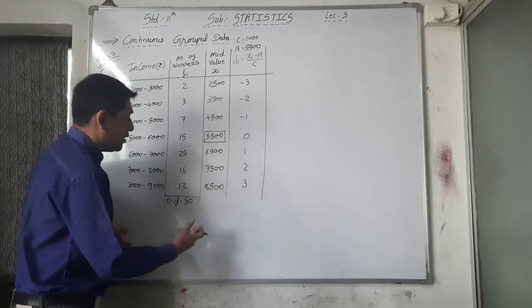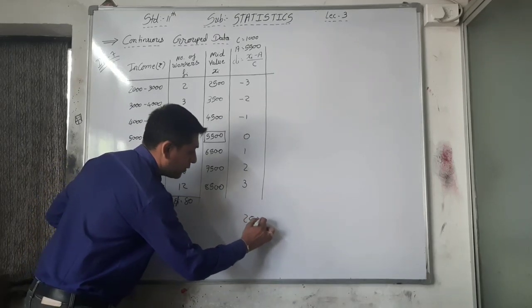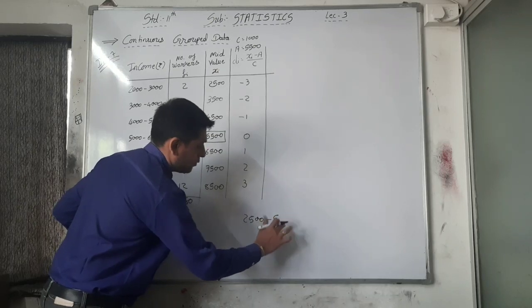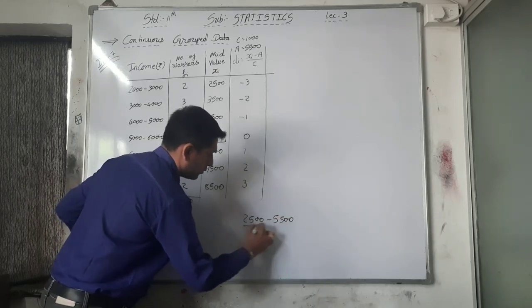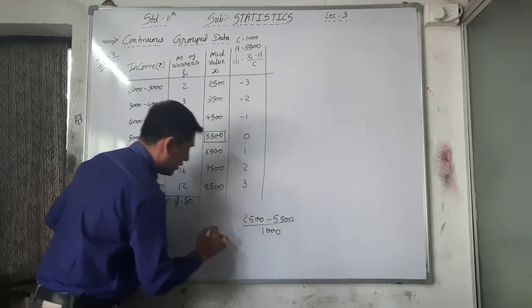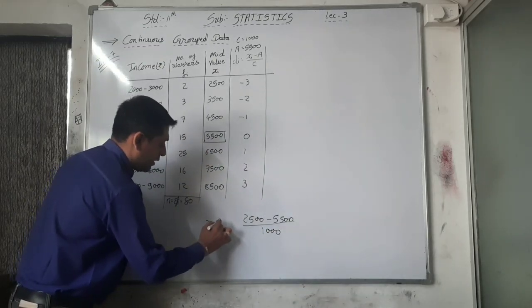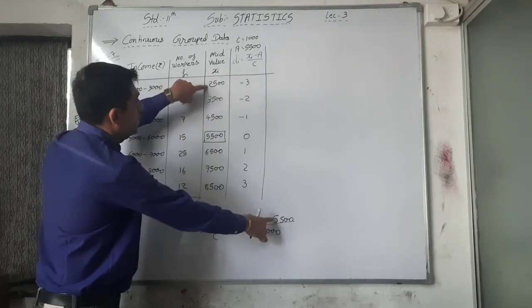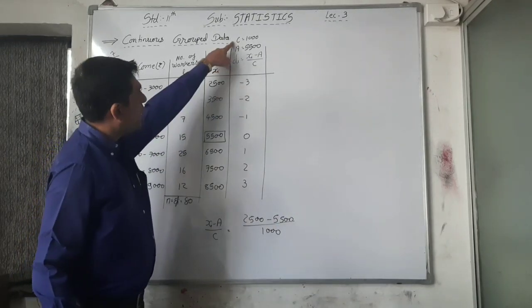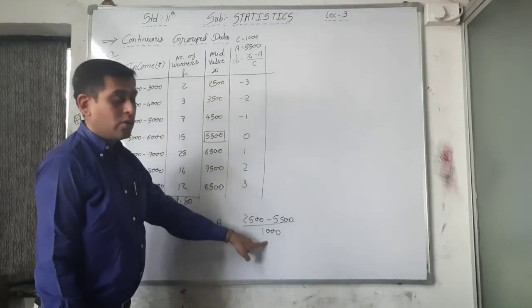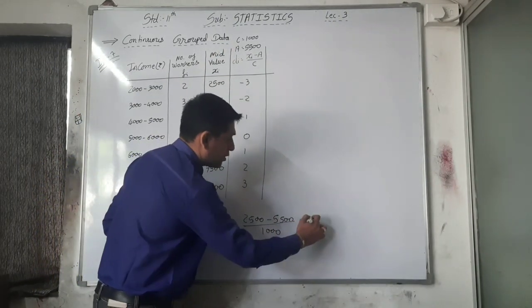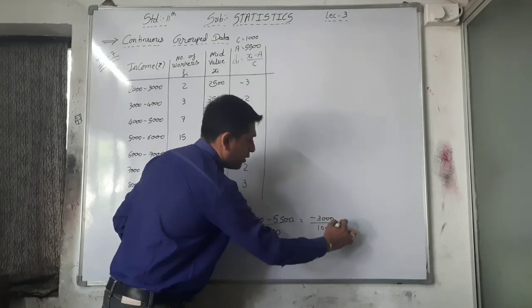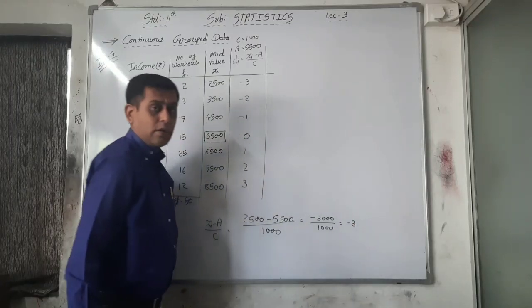And I am doing this here, 2,500 minus 5,500 divided by 1,000. Here it is xi minus A upon C. 2,500 minus A, which is 5,500, divided by C, which is 1,000. So here your answer is minus 3,000 divided by 1,000, and the last answer is minus 3.